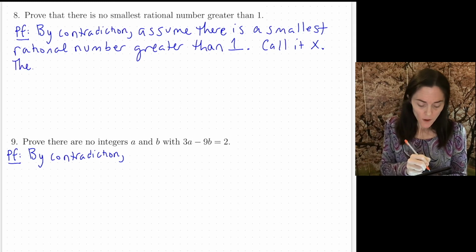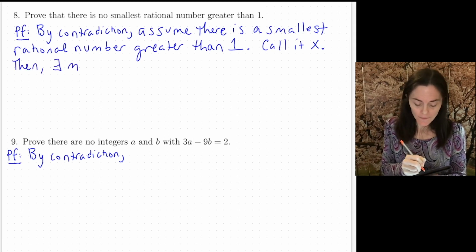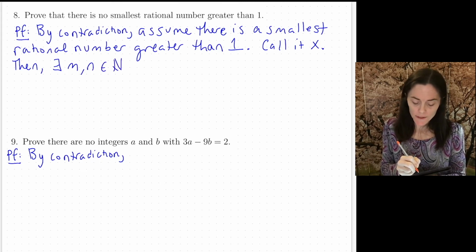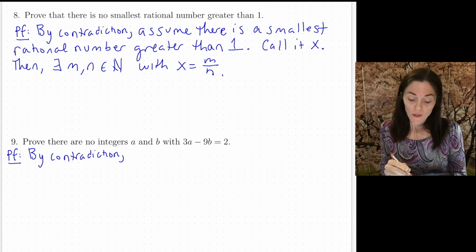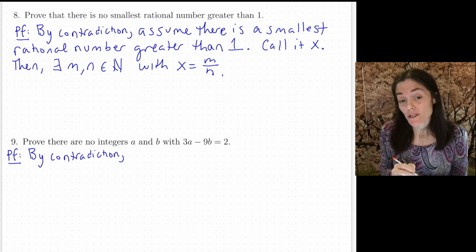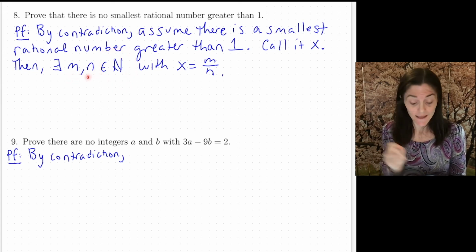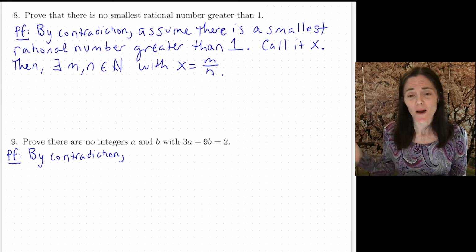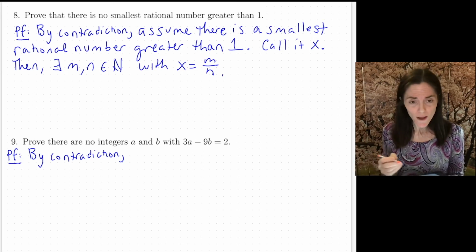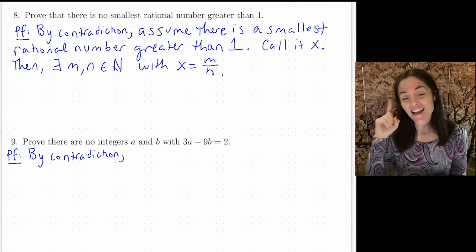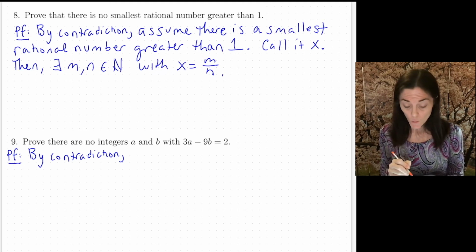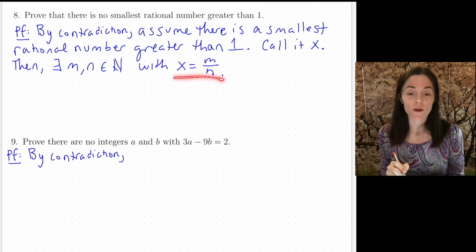And so we can find, I'll say this, natural numbers with x equals m over n. Okay, we're guaranteed by the definition of rational number that m and n are both in Z, and n is not equal to 0, but because x is positive and in particular also bigger than 1, we can find natural numbers m and n with x equals m over n.